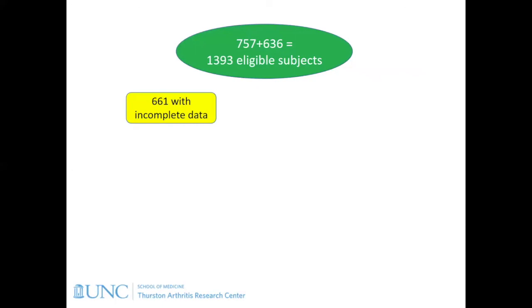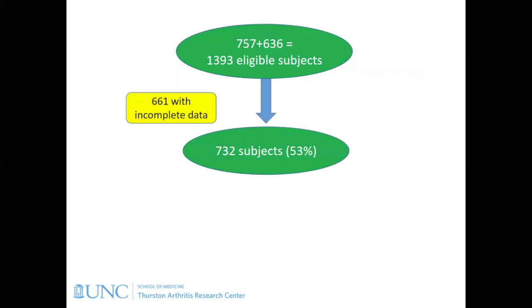I don't know exactly what data were incomplete, but that's a pretty large number of participants that they removed. So they now had 53% of who they had originally. There are ways of handling missing data, which is another conversation I'm happy to have. But again, we try to keep as many participants in a study as possible.